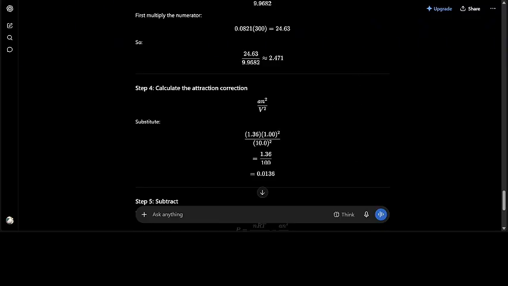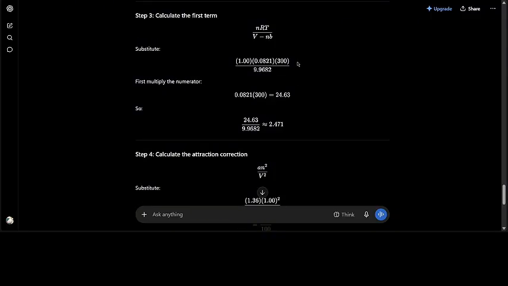Oh, the V squared on the liters. I don't know what he's talking about. As far as I know, I'm right.